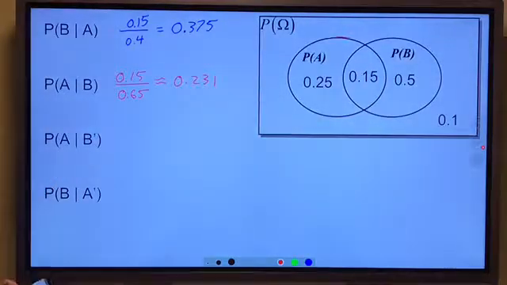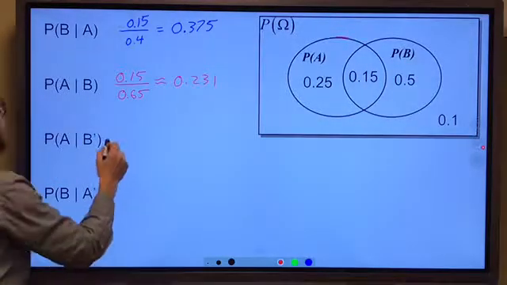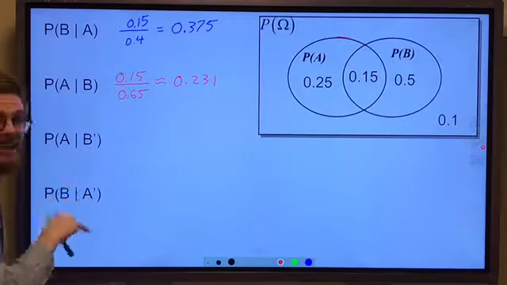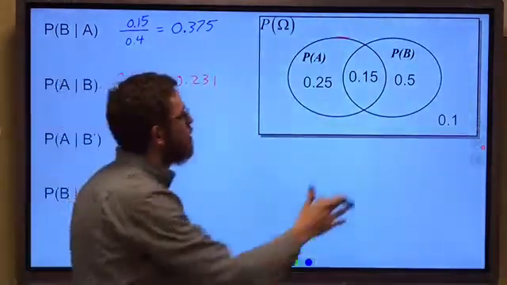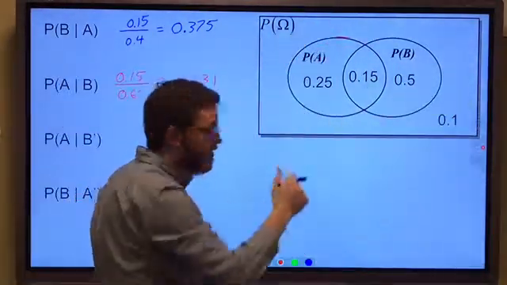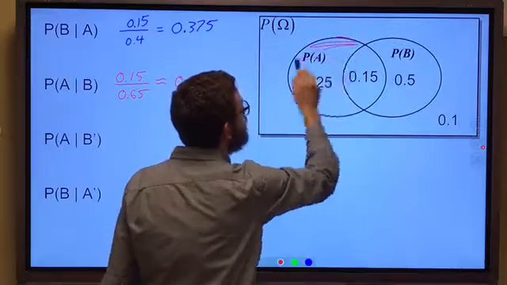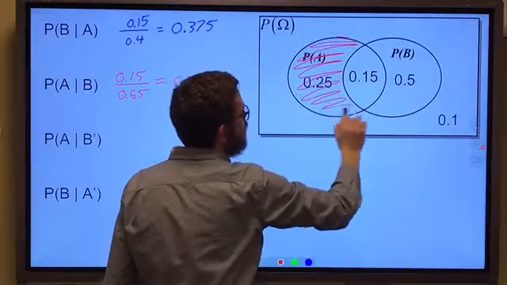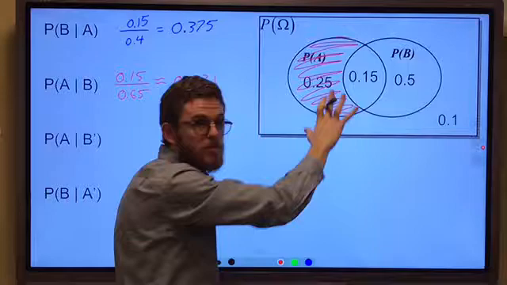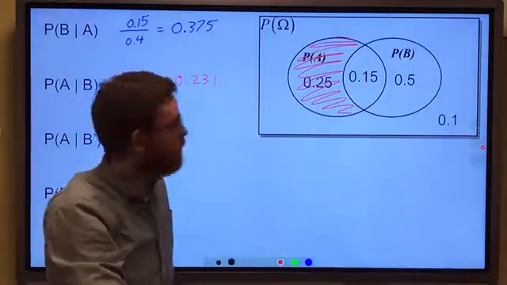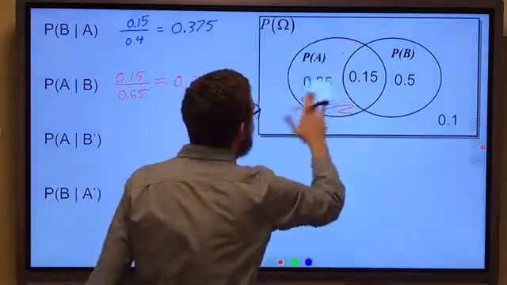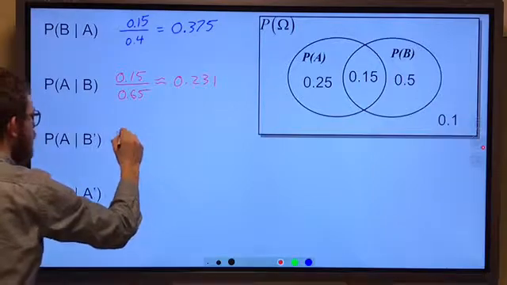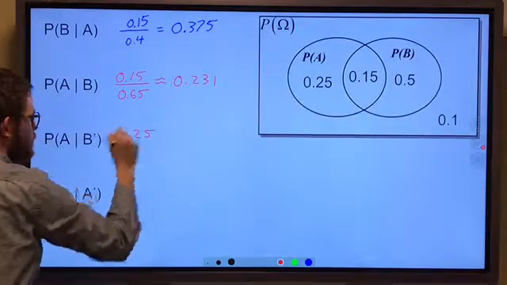Next one, the probability of A given not B. Well, the probability that A and not B, satisfying both of those constraints, is this part of the A bubble. That is both not B and A. So the probability that both of these things happen is just 0.25.